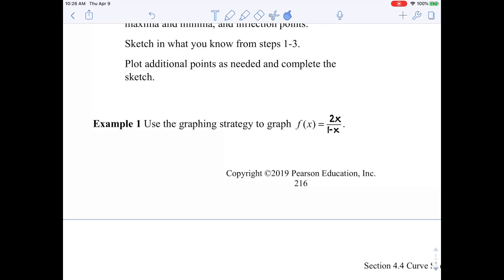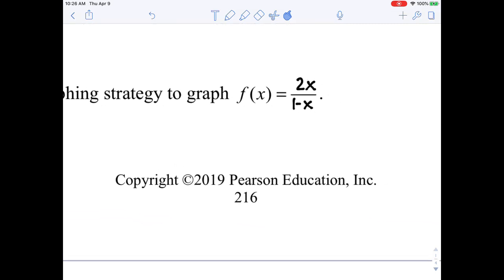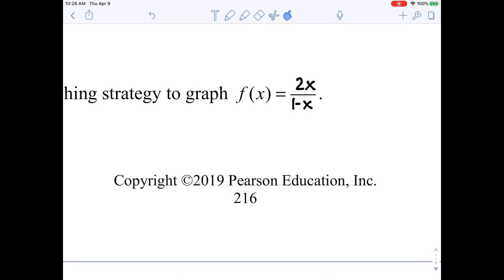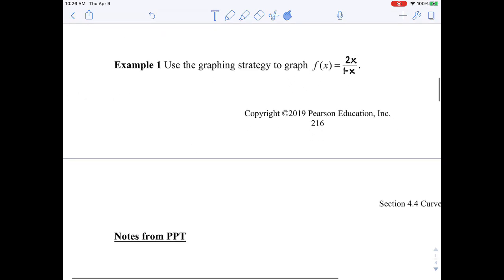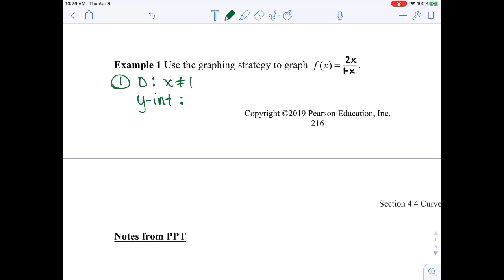So the first one we're going to do, a rational function, is 2x over 1 minus x. So the first step, domain: x cannot equal 1. Y-intercept: putting a 0 in for x, we get y equals 2.